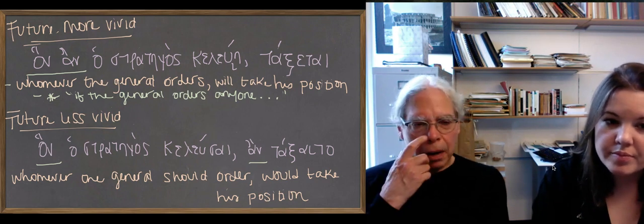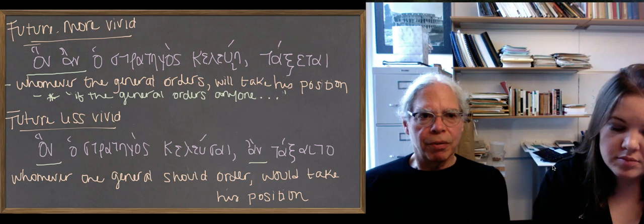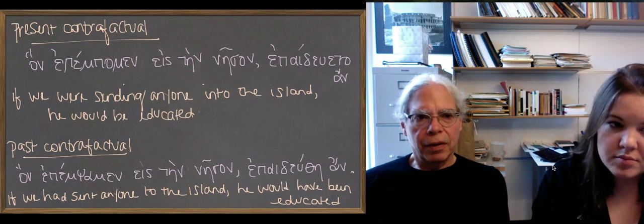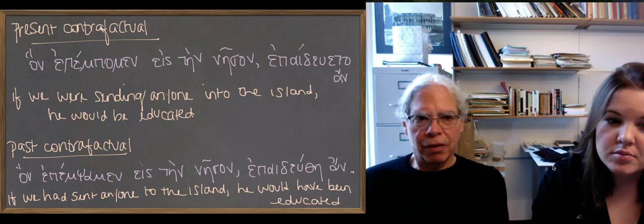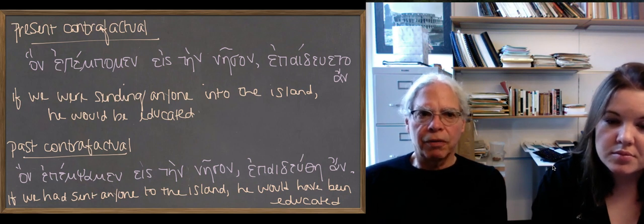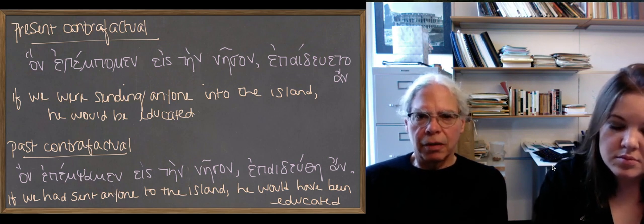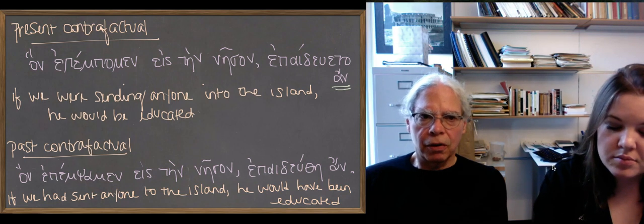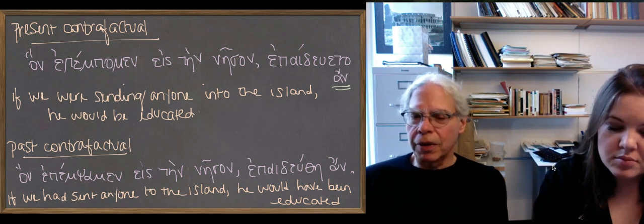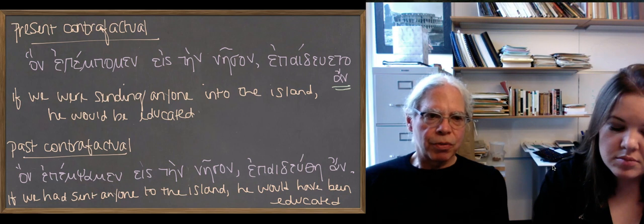Lastly, there's the contrafactual ones, which are the rarest to my way of thinking. So we're using the example from the book. Hon epempomen es ten nheson. You've got the imperfect of the verb pempo in a contrafactual condition, and then epaideueto an, the imperfect with an in the conclusion. I don't think there's a way you can really translate this with whomever.